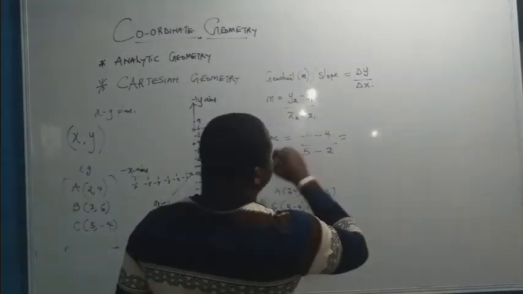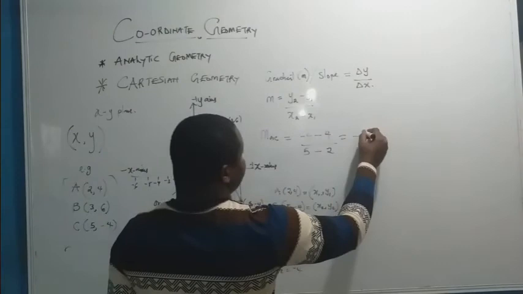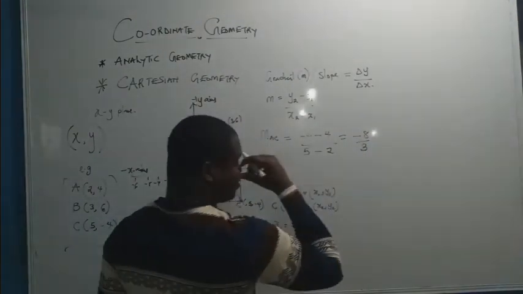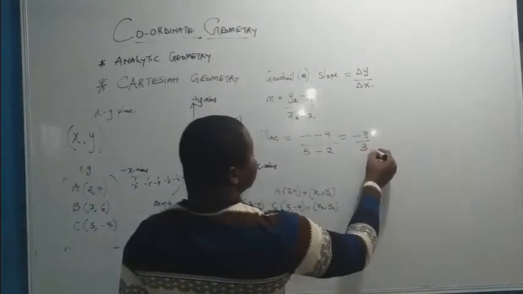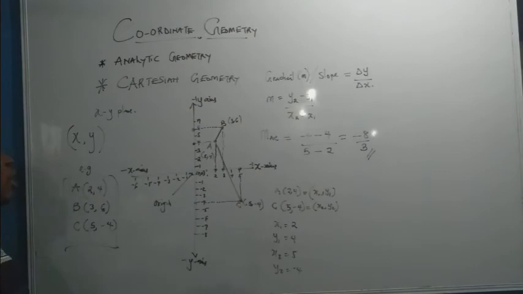Alright, so minus 4 minus 4, that gives us minus 8 over 5 minus 2, and that's 3. Is that clear? Alright, so your gradient is what? Minus 8 over 3. Alright, so that's how to calculate the gradient of two points, or the gradient of a straight line. Is that clear?